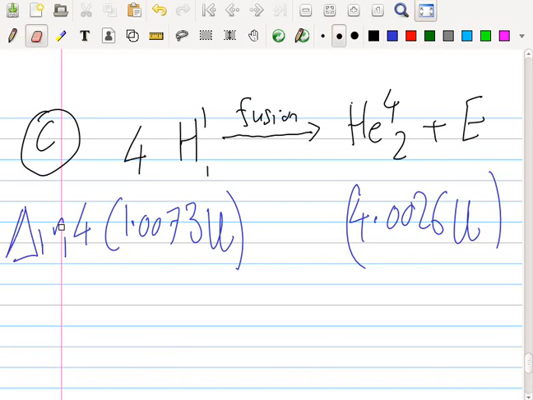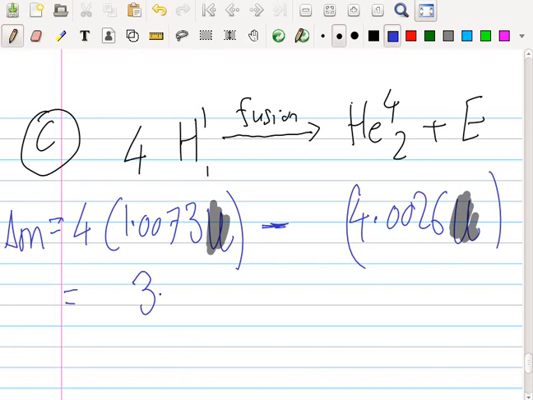So the lost mass would equal that minus that. Which turns out to be, when you substitute in what the U is and do the subtraction, 4.42 times 10 to the minus 29.